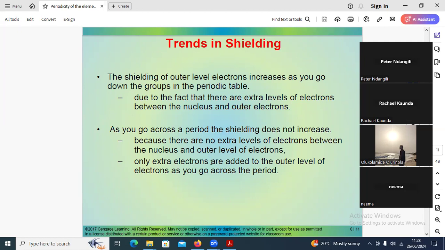It is because as you go across a period, we are not adding any extra energy levels. It is only extra electrons that are being added to the outer level as you go across the period. Remember, as you add an electron, you are also adding a proton. Therefore, we don't expect the shielding to increase as you go across a period in the periodic table.